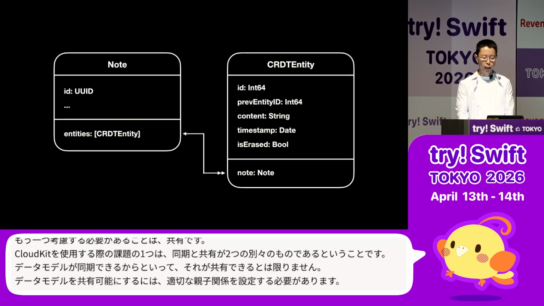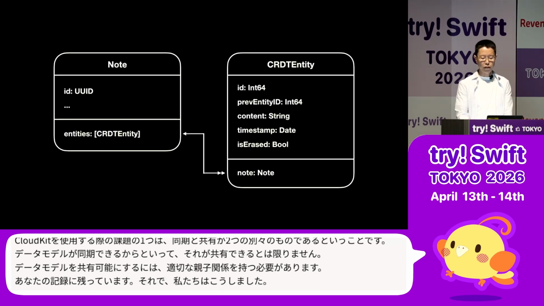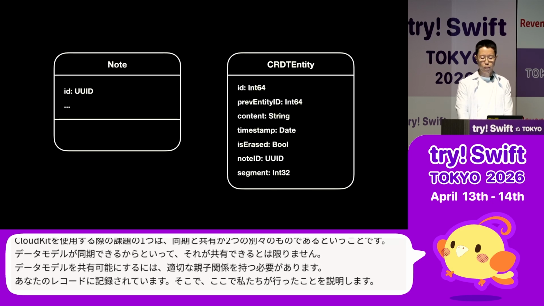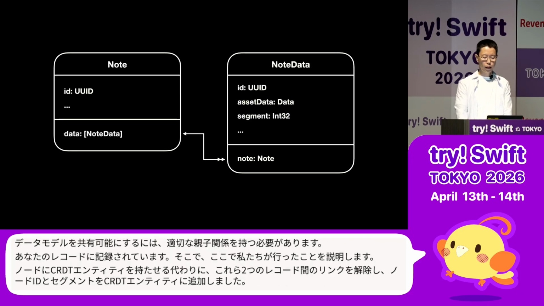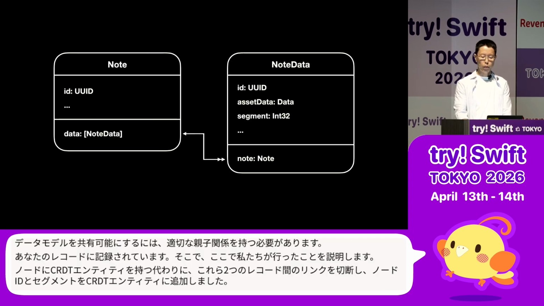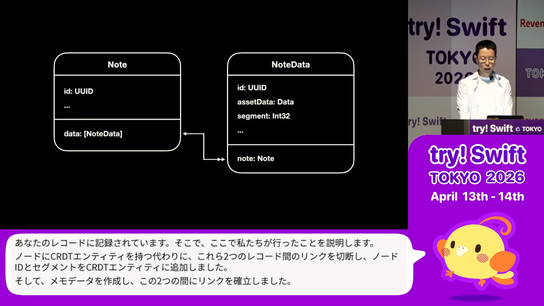So here's what we did. Instead of Node having CRDT entities, we broke the link between these two records, and we added Node ID and segment in CRDT entity. And then we created node data and established a link between these two. Node data has asset data, which can contain the binary data of up to 3,000 CRDT entities.